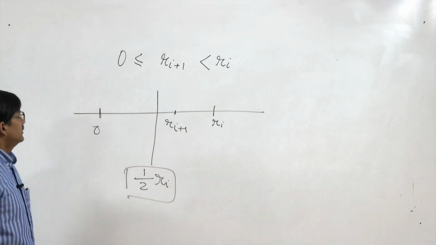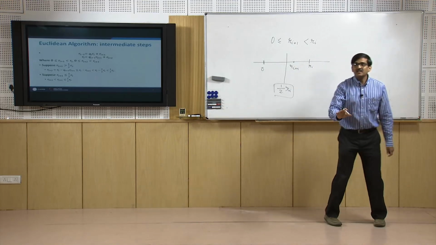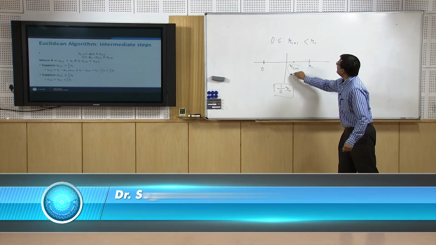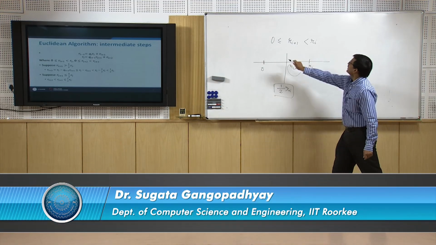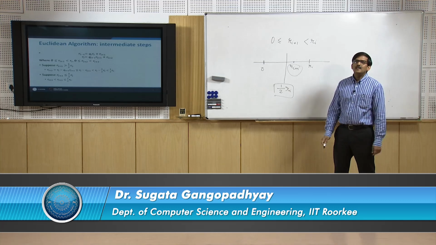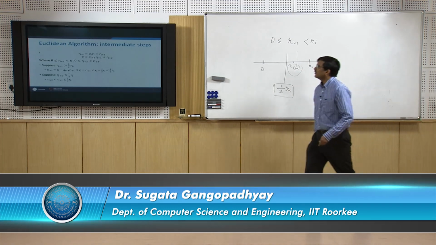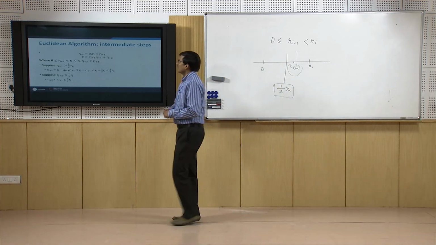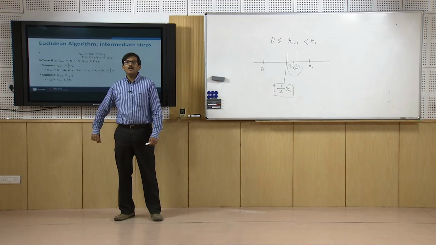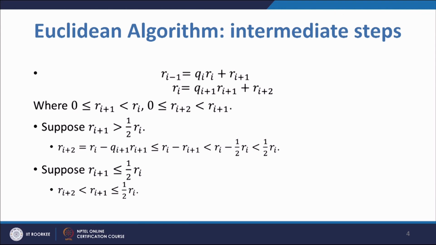So, one thing is certain, that Ri plus 1 is either this side or this side. Let us assume that it is this side. So, that is what we have written here, that Ri plus 1 is greater than half of Ri.